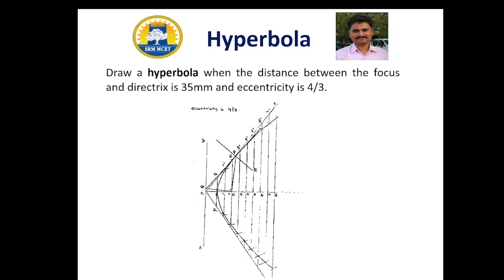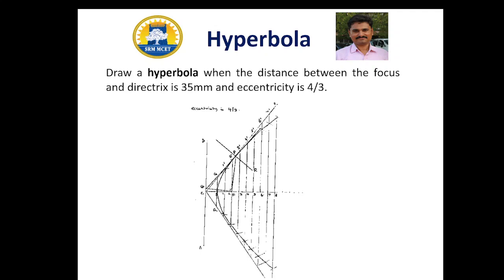Join these points by a smooth curve, then we get the required hyperbola. So this is the procedure to draw the hyperbola. Whenever the eccentricity value is greater than 1, we can draw a hyperbola curve.